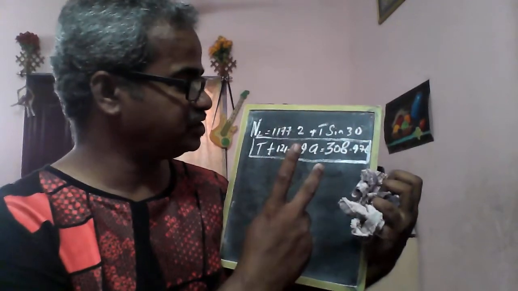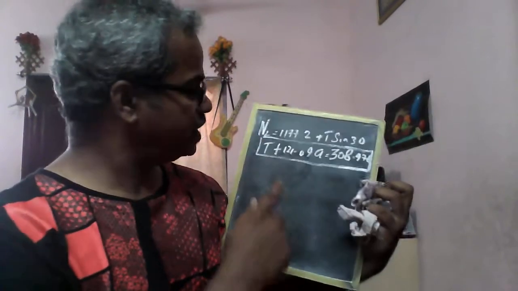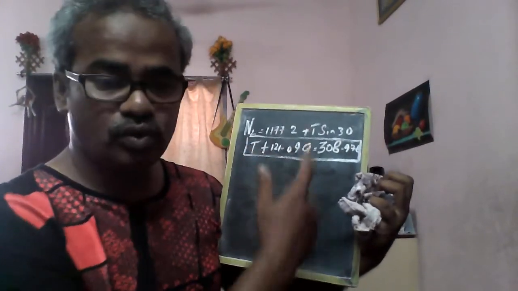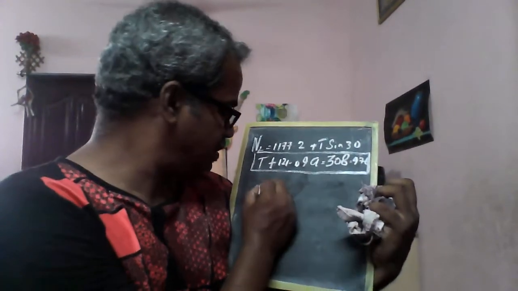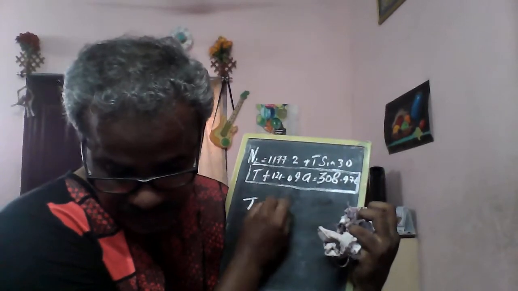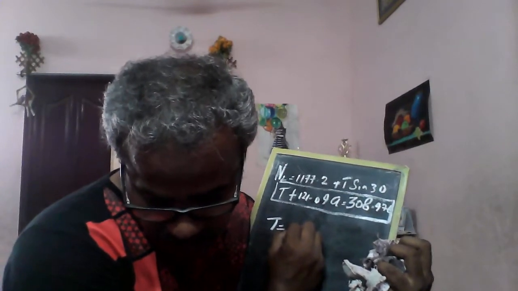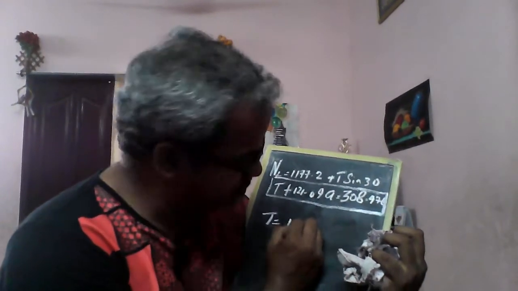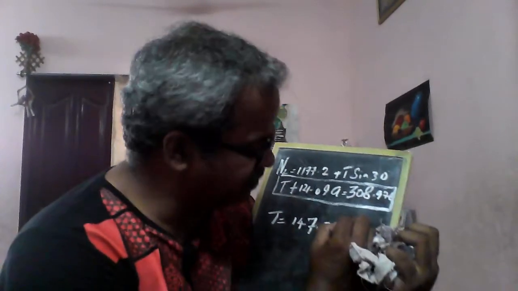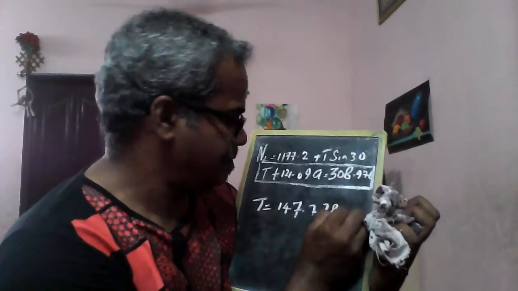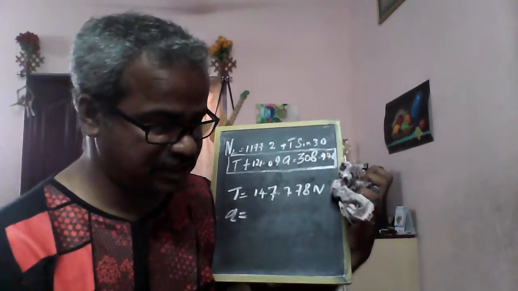In these two equations I have two unknowns, T and A. Very well, I can solve it in the calculator. So I find the final tension T as 147.778 Newton, and the acceleration of this body, which is what is asked in this problem.